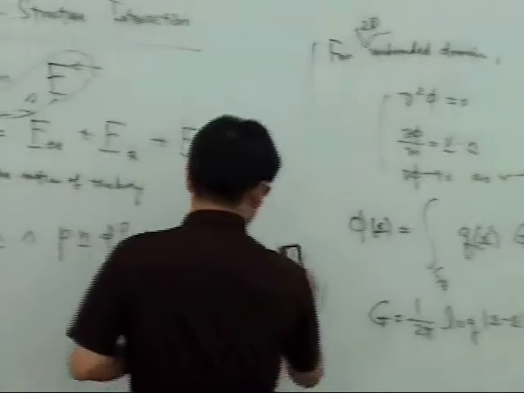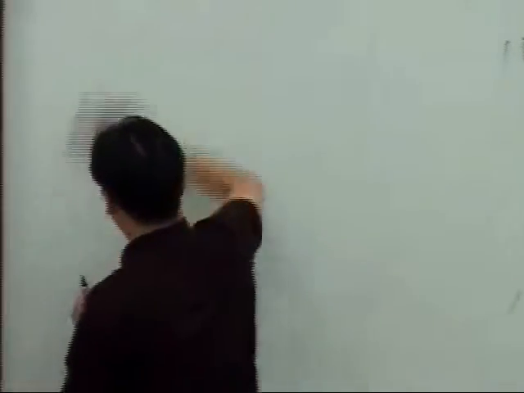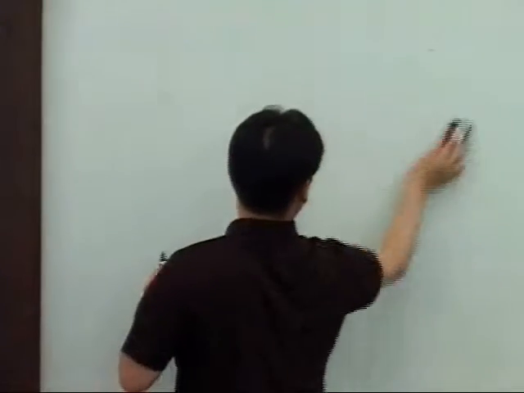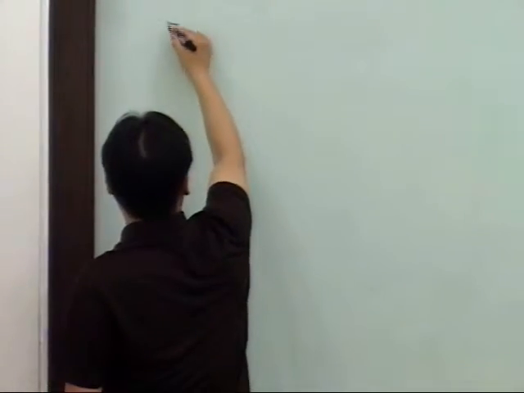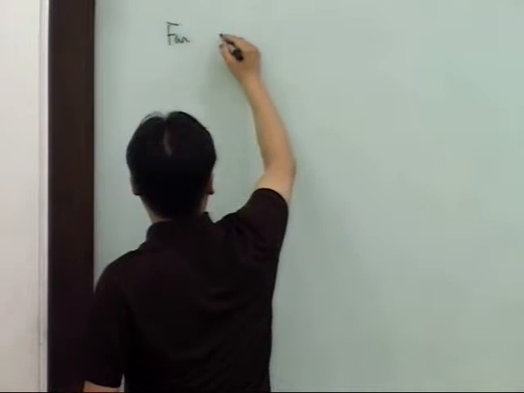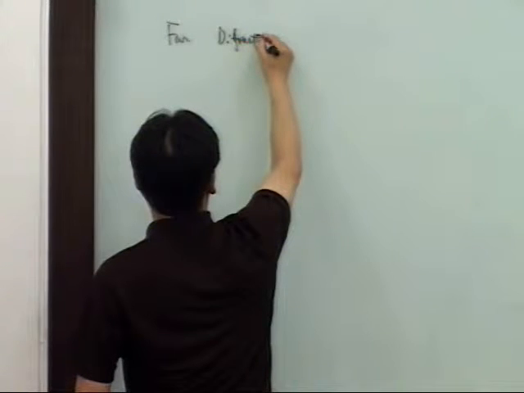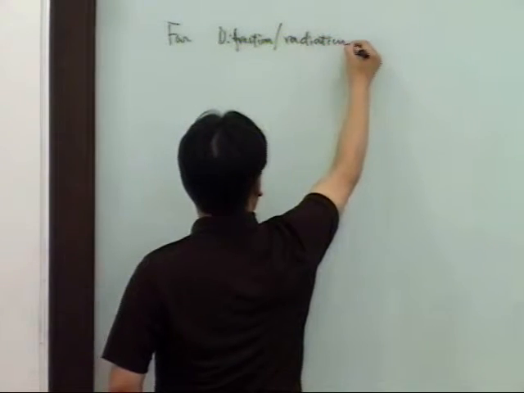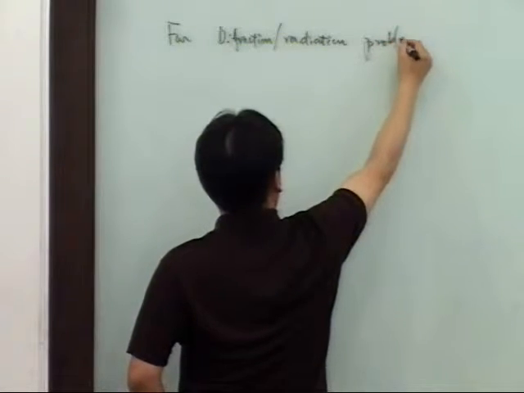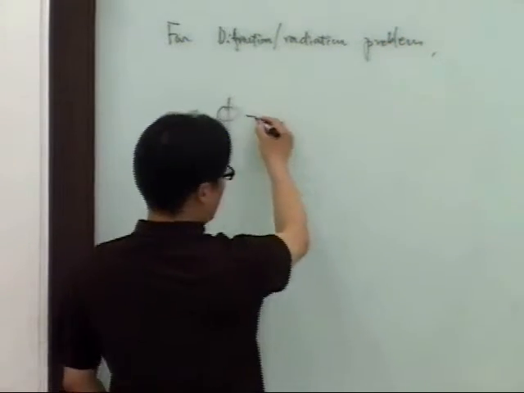So what we are trying to do is write the solution exactly the same way. So for example, for the diffraction problem or radiation problem, what we do is we write the solution exactly the same way.